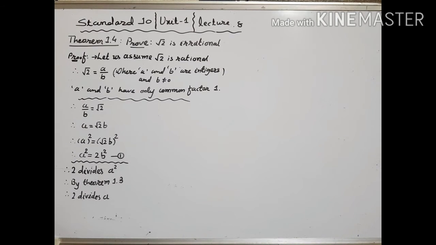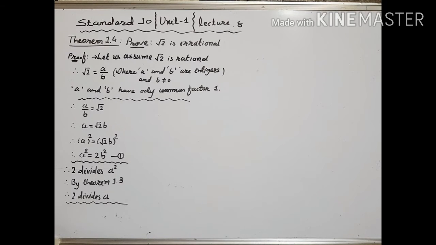Have you understood? In result number 1, we got a square equals 2b square. So there is 2 in the factors of a square. So 2 divides a square, and if 2 divides a square, then 2 divides a as per theorem 1.3. Here we finished the third part of our proof.